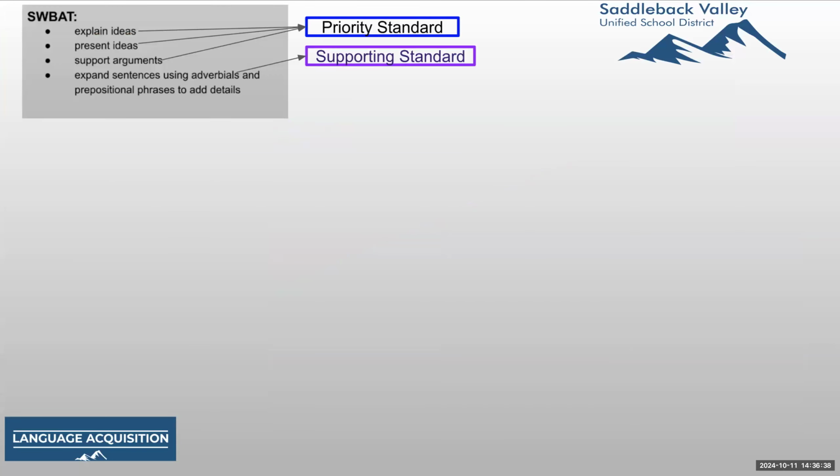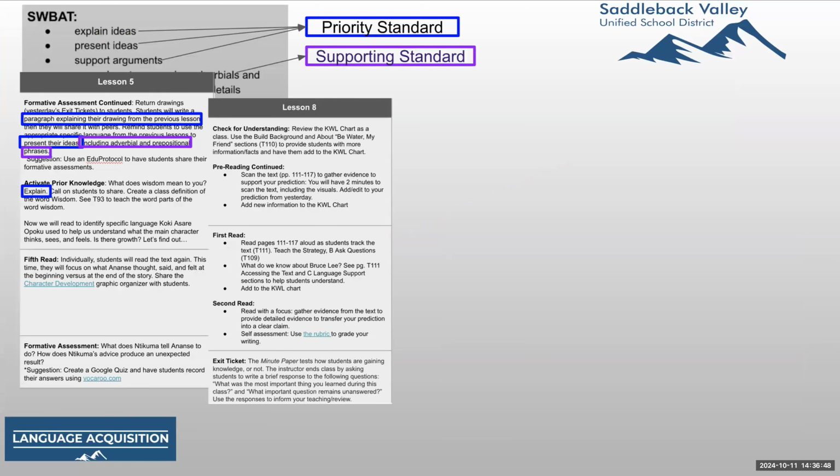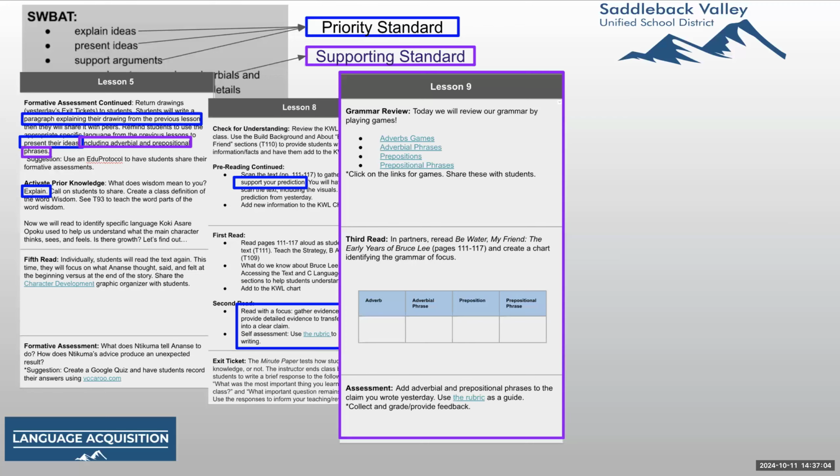Students will continue learning and applying the skills and concepts of the unit in lessons 5, 8, 9, and like lesson 3, lesson 9 of every unit of this course focuses on the grammar highlighted in the supporting standard of the unit.